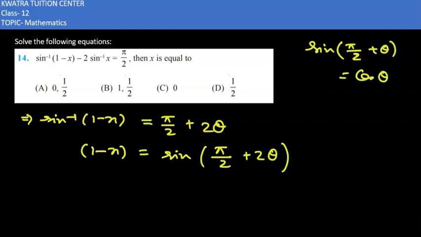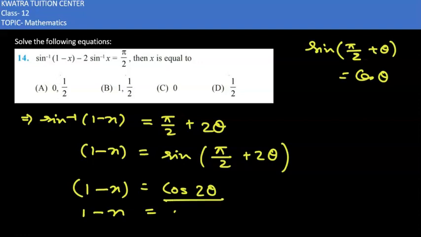So we can convert it as cos 2 theta, which is the value of 1 minus x. So 1 minus x is equal to the cos 2 theta formula, which is 1 minus 2 sine square theta. Now this 1 and 1 will be cancelled.